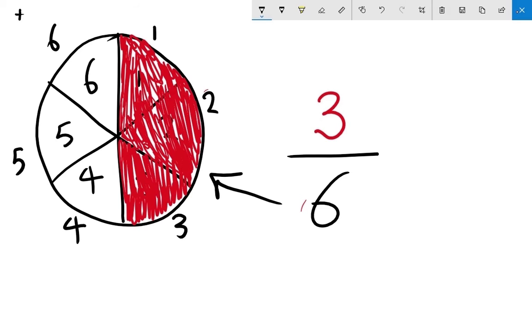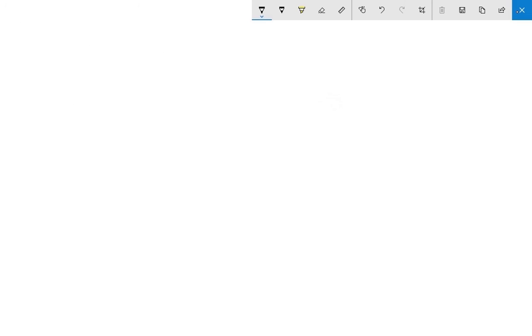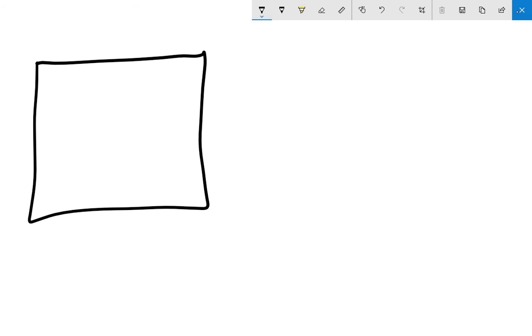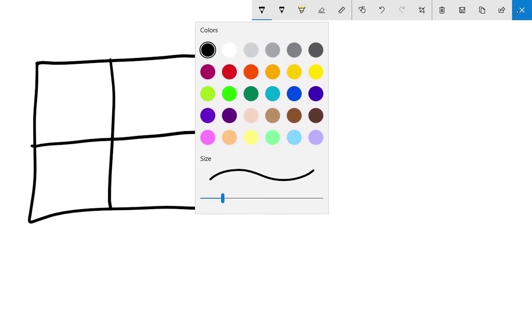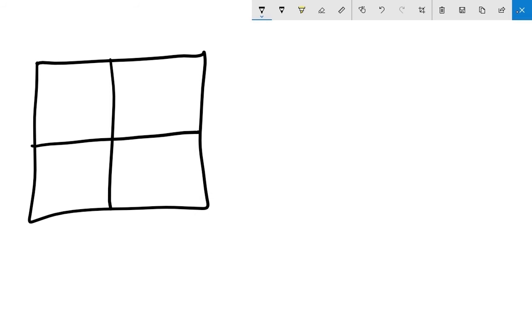Good. Now let's try another example with a box. You know this shape? This shape is called a box. Now, how many parts are there in this box? Can you count? There are 1, 2, 3, 4 parts in this box. That's 4.